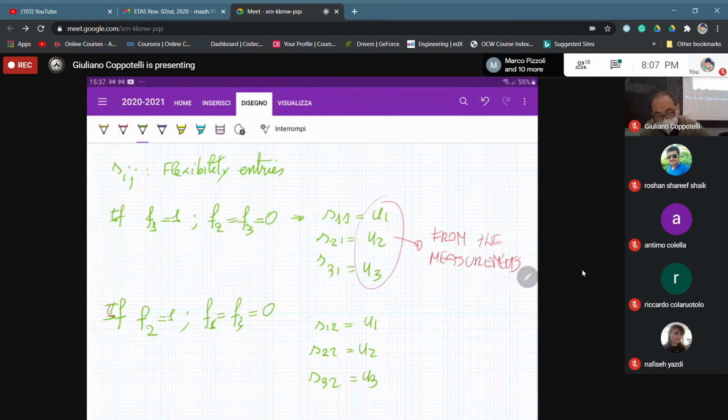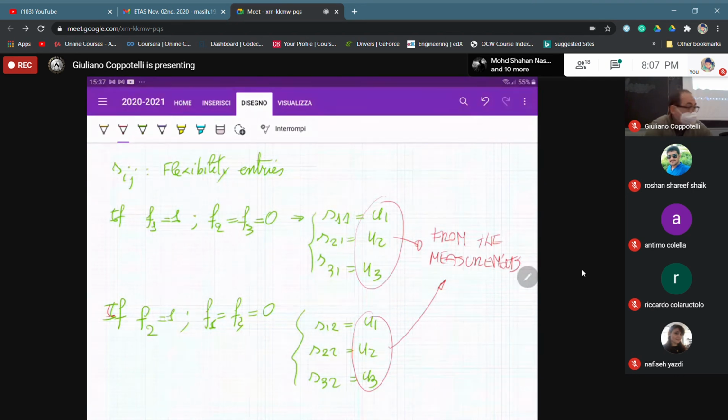And once again, you get the other column, and those quantities are straight available from the measurements. That is quite easy to obtain from the experimental point of view.